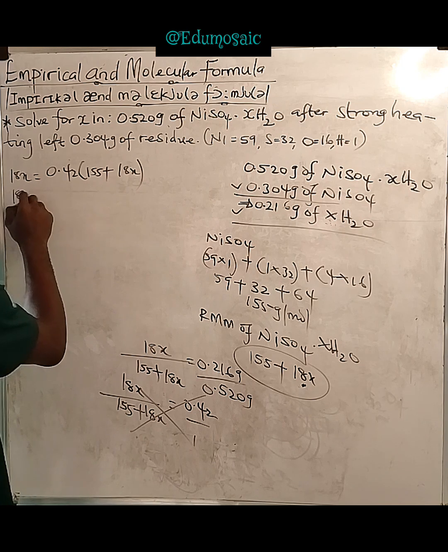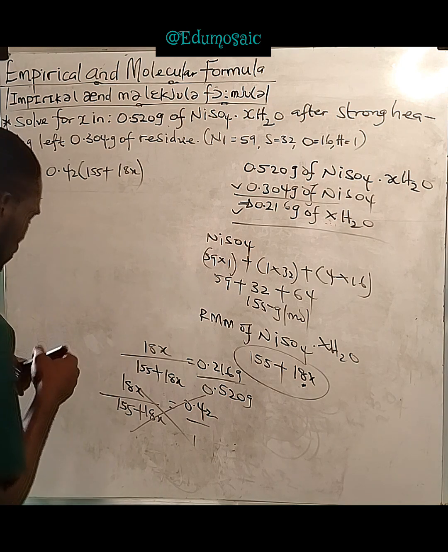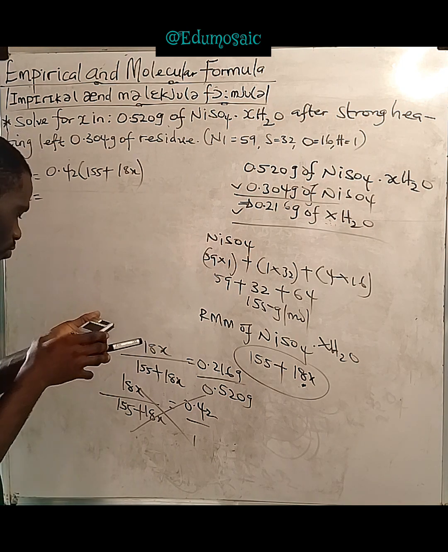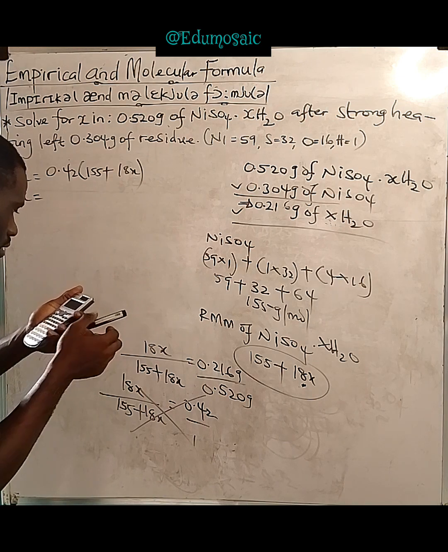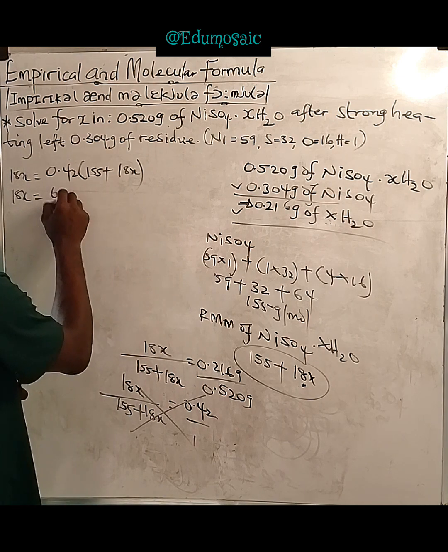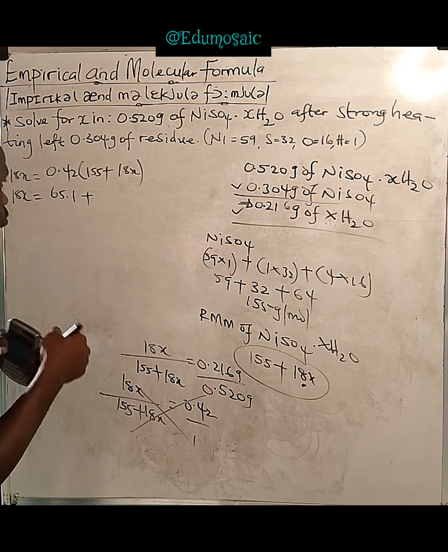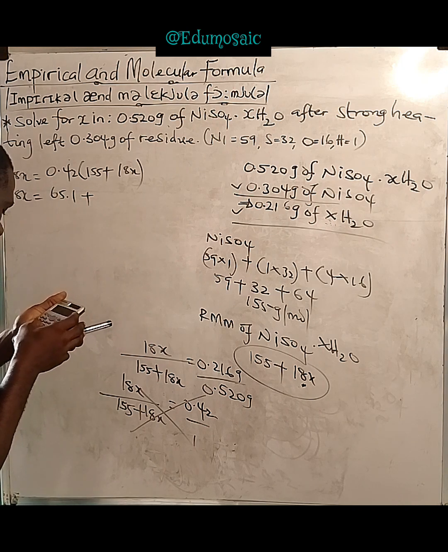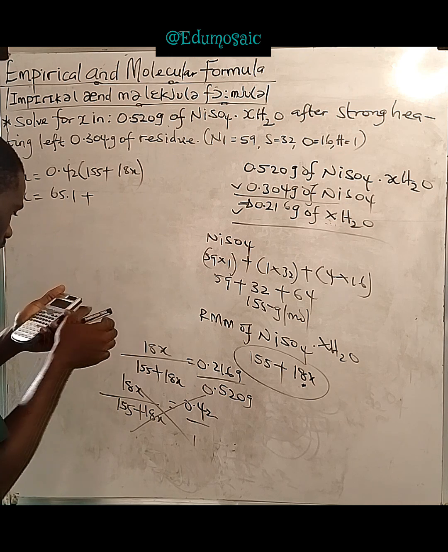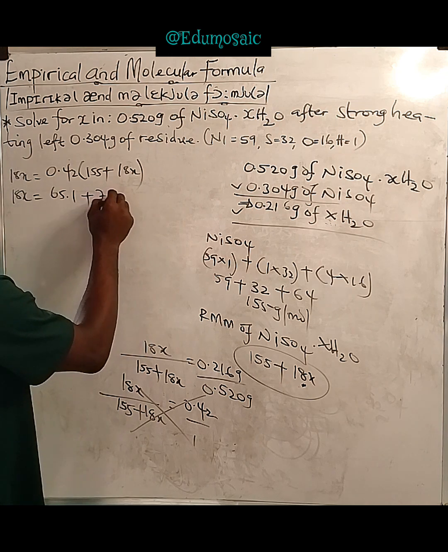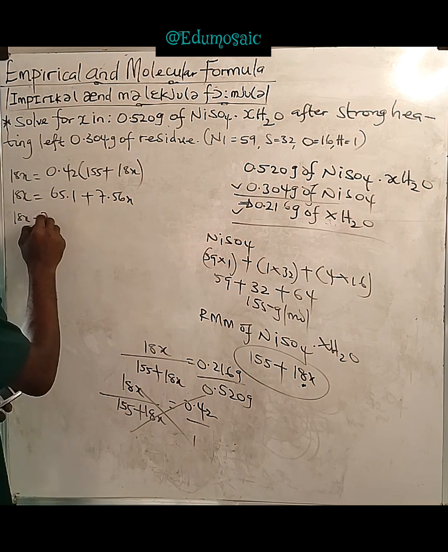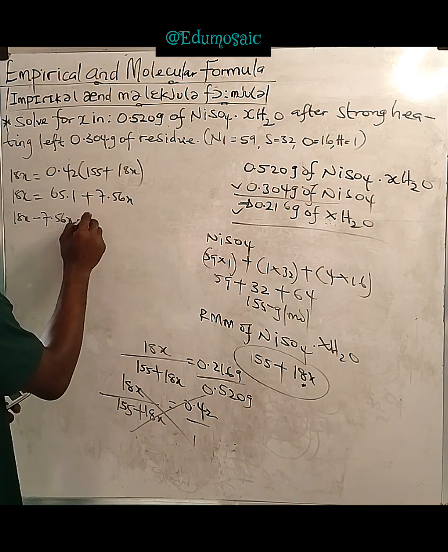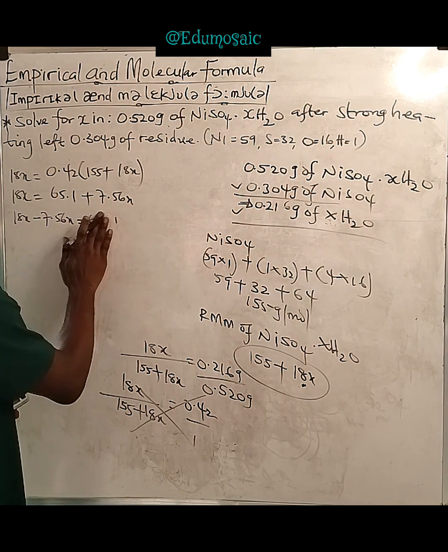So 18x equals 0.42 times 155, which will give us 65.1. Then plus 0.42 times 18x. 0.42 times 18 will give us 7.56x. So collect our like terms, sending this over to this side: 18x minus 7.56x equals 65.1.